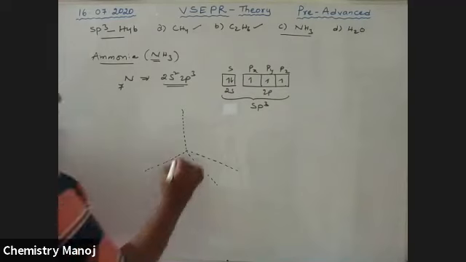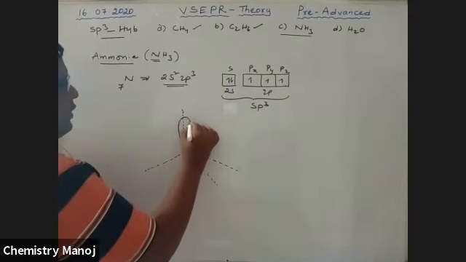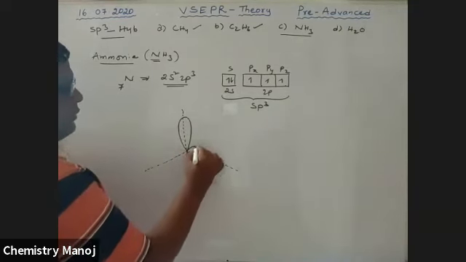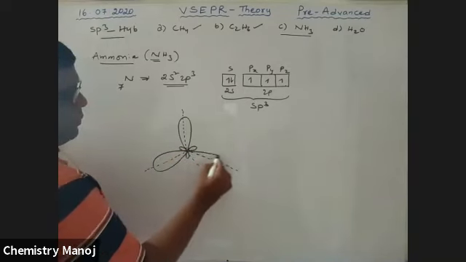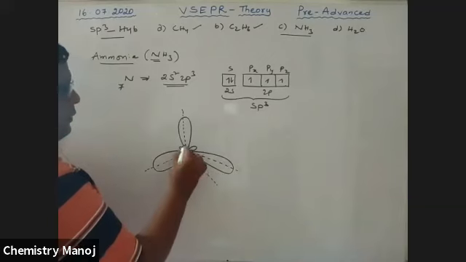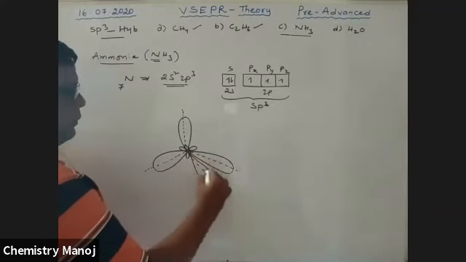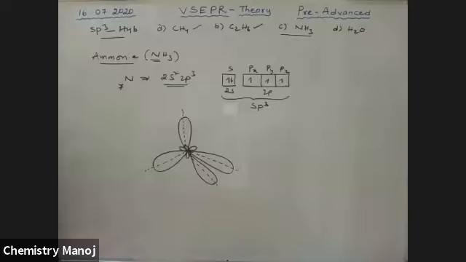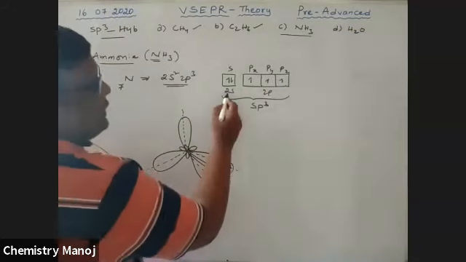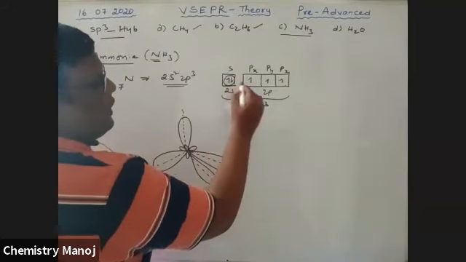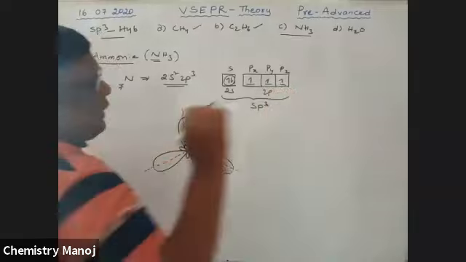So now I am writing orbitals on these dotted lines: 1, 2, 3, 4. These are the 4 sp3 hybrid orbitals. In this, the s orbital contains a pair of electrons and the remaining orbitals contain unpaired electrons.